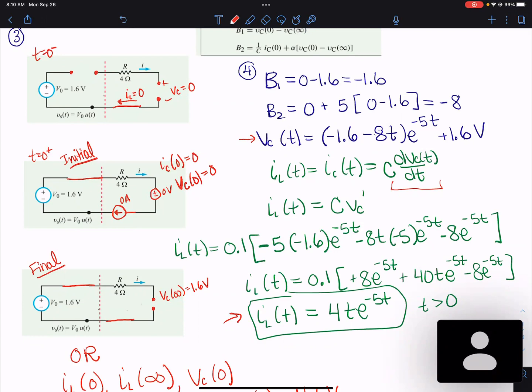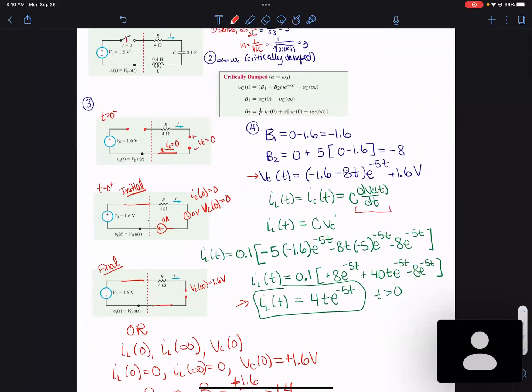I also wanted to say that you could find i_L(t) directly without going through the derivative. Because it's in series, you still view the R_TH across the capacitor, and you find alpha and omega naught the same way.